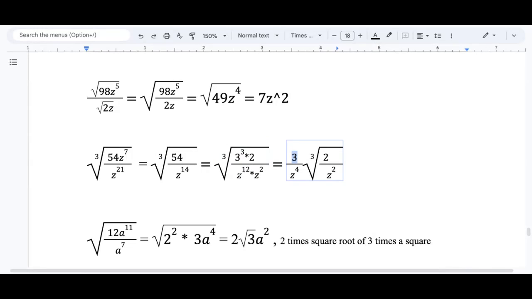Z to the 12th power, cubic root, 12 divided by 3 is 4. So it's z raised to the 4th power. Then what's left inside? 2 is here, z squared here. So we get 3 over z to the 4th power, then cubic root of 2 over z squared.